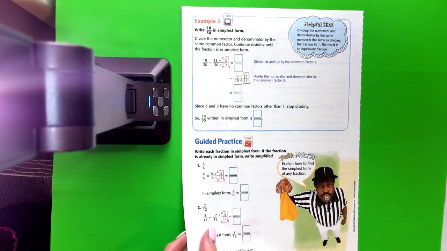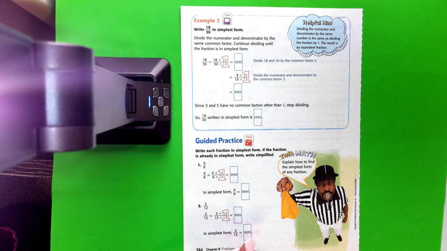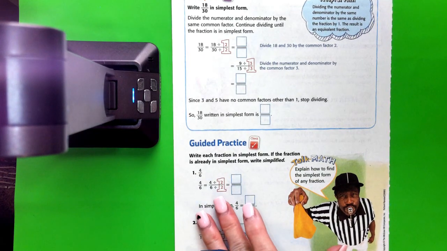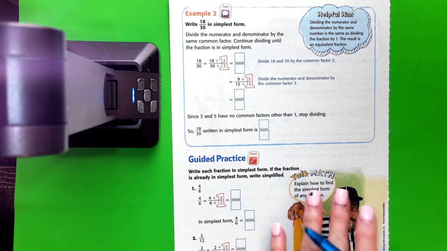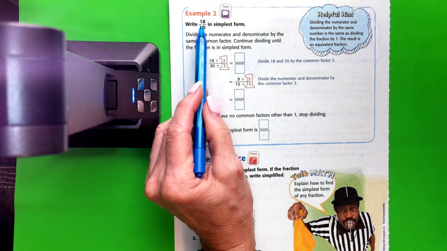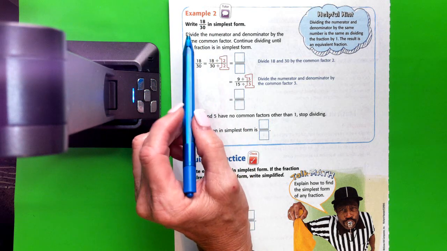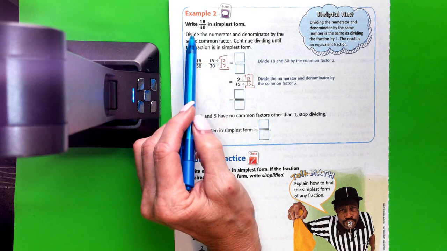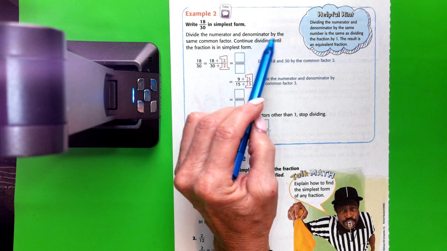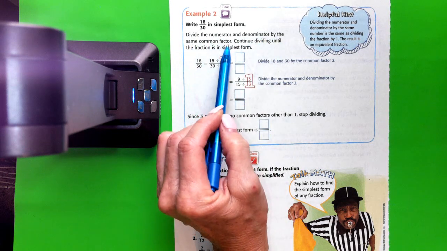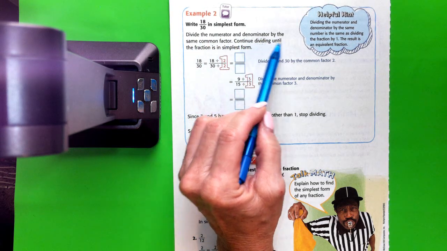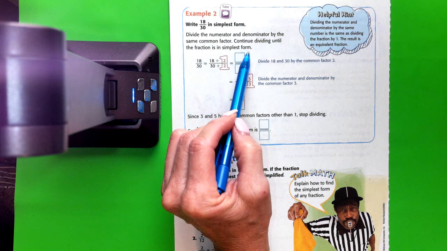Now let's look at example number 2. Maybe I can zoom in just a tad for you guys. Okay, it says write 18/30ths or 18 out of 30 in simplest form. So this time we're just going to divide the numerator and the denominator by the same common factor and continue dividing until the fraction is in simplest form.